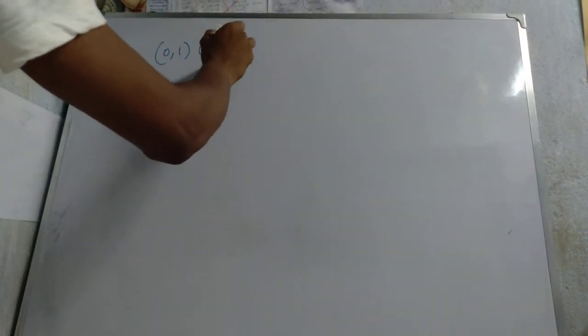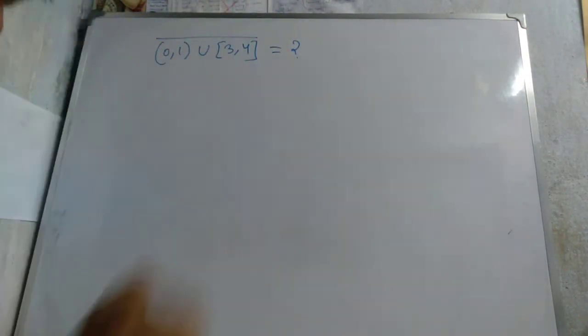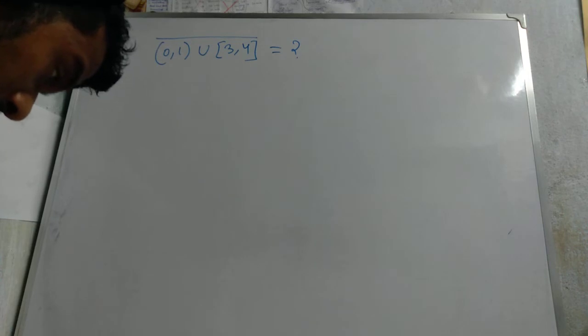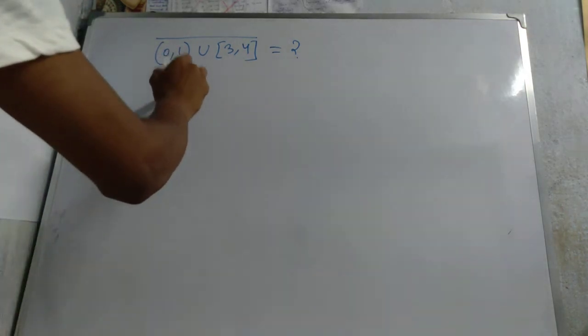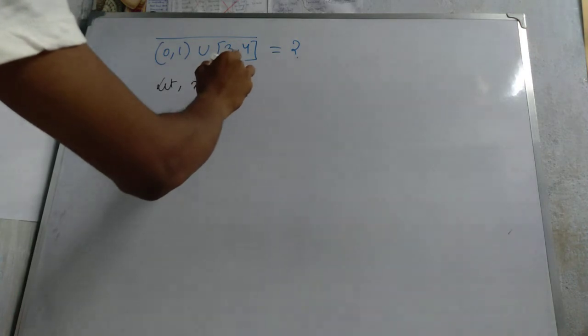We're going to look at a similar example: the closure of the open interval (0,1) union the closed interval [3,4] is equal to what? How do we obtain this? Let x belong to [0,1].